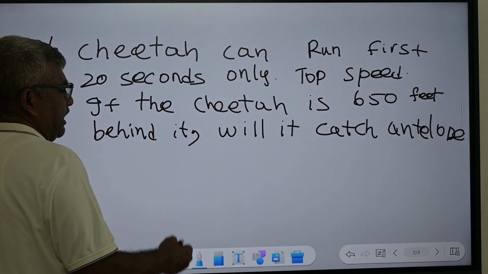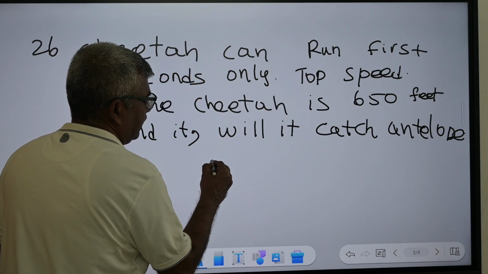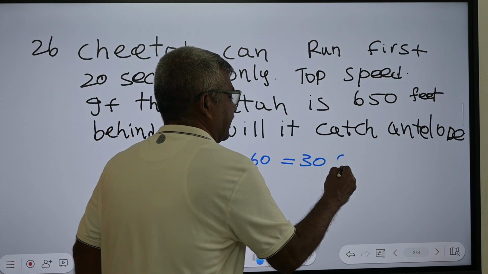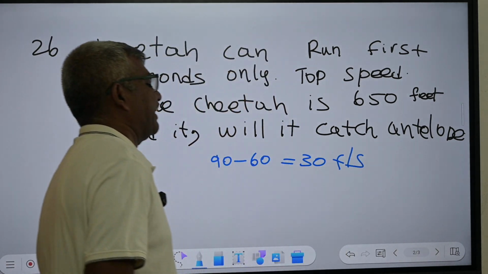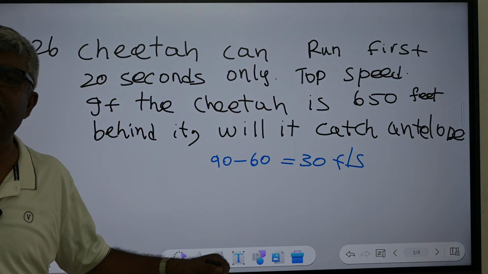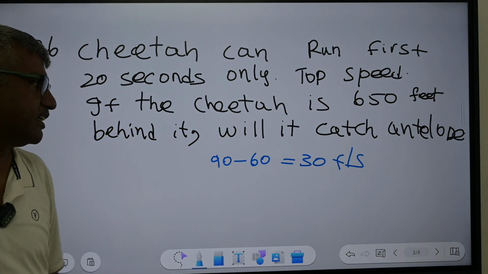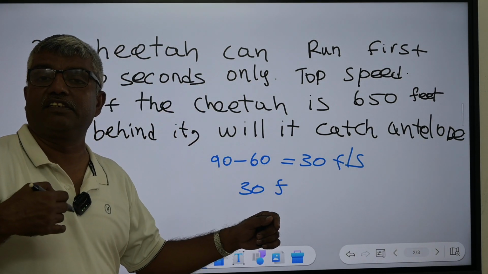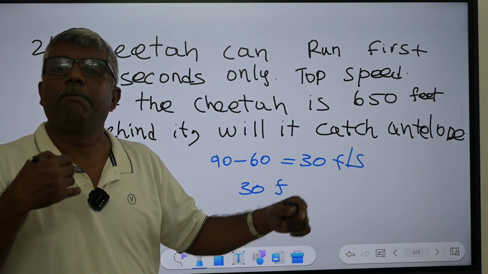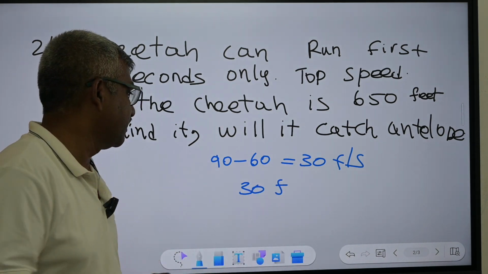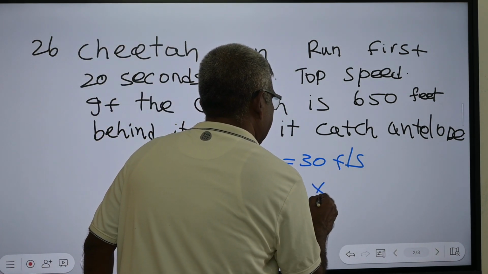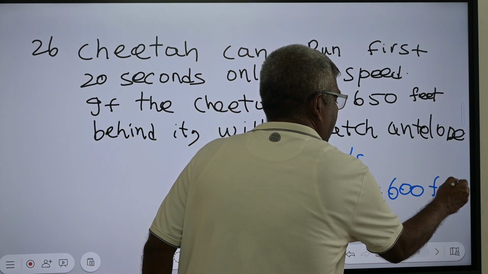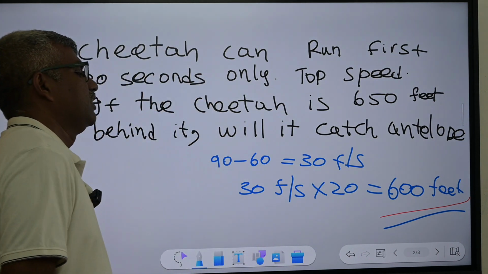Okay. Now what is the relative speed? 90 minus 60 is 30 feet per second. In the first 20 seconds, by how much will the cheetah reduce the distance between the antelope and the cheetah? 30 feet per second times 20 is 600 feet.